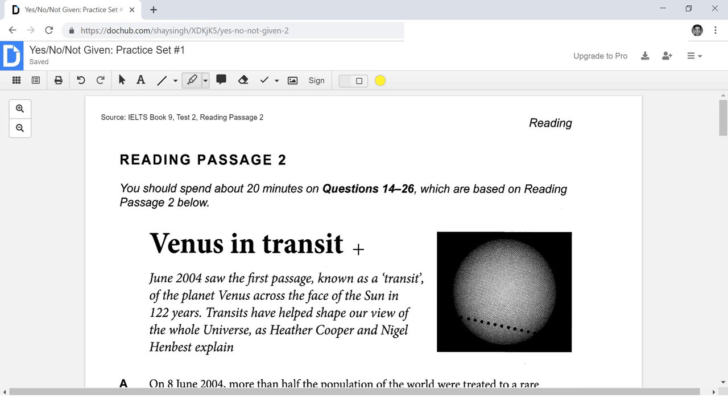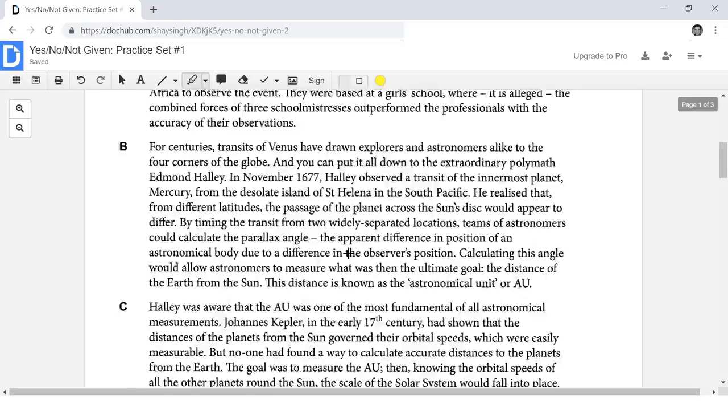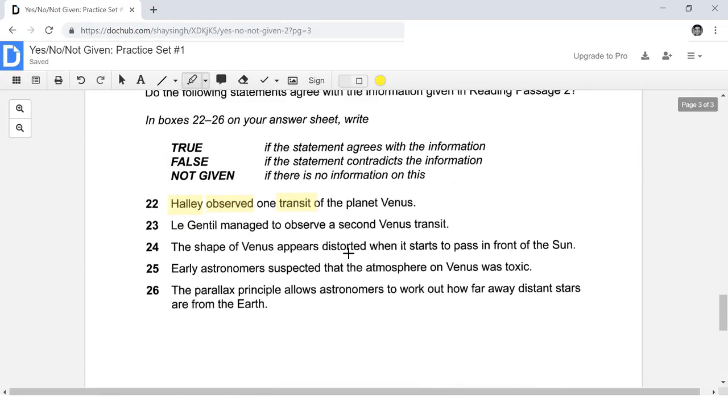Matter of fact, it seems that the word transit is also going to be repetitive. We're probably going to see this word a lot as well. So this keyword doesn't really help us much either, so actually I'm going to cancel it, I'm going to remove it, and I'm only going to focus on Hallie and observed for question number 22.